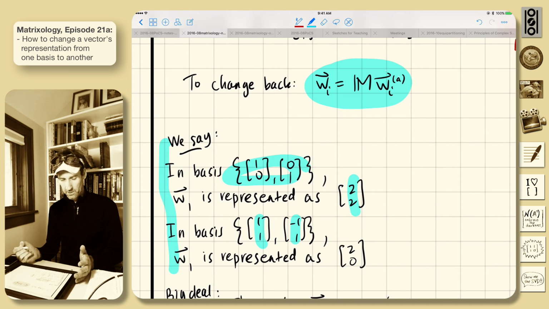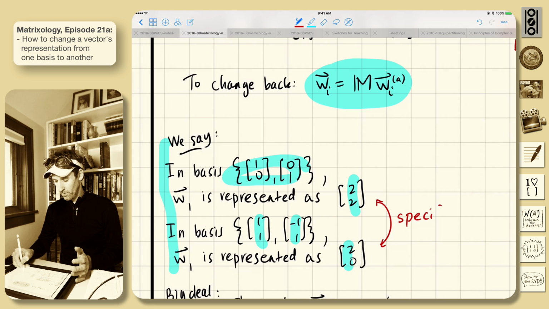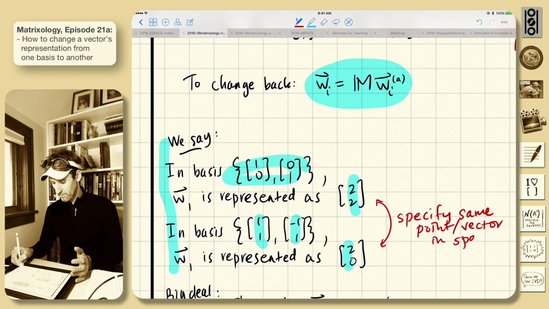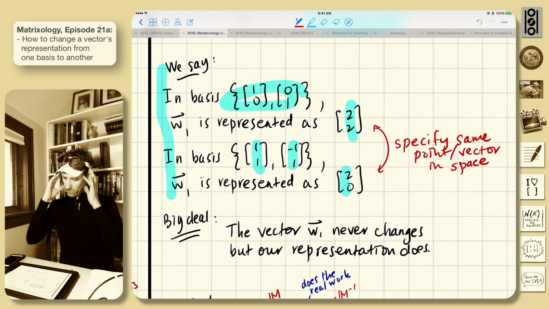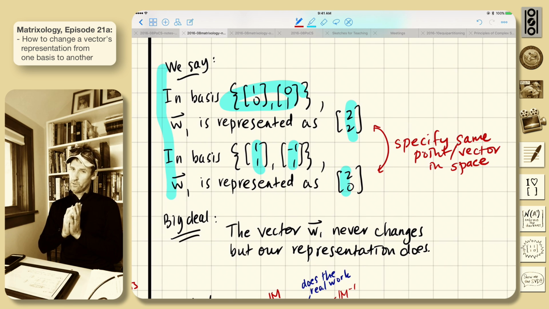In this 1, 1, minus 1, 1 basis, which isn't unit vectors, doesn't matter, W1 is represented as 2, 0. These are the same. They specify the same point slash vector in space. Even though this is just sitting here as a 2, 0, the 2 means 2 times that A1 vector and 0 times the A2 vector.